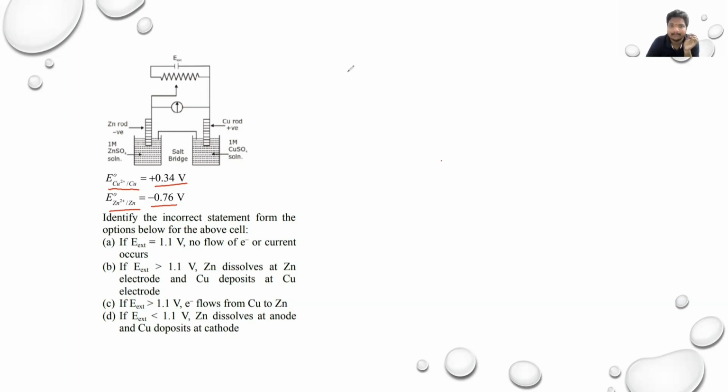So here E naught of copper plus 2 to copper is 0.34 volts, and E naught of Zn plus 2 to Zn is minus 0.76 volts. It is a minus sign, not plus.